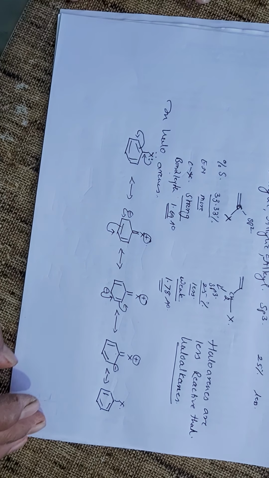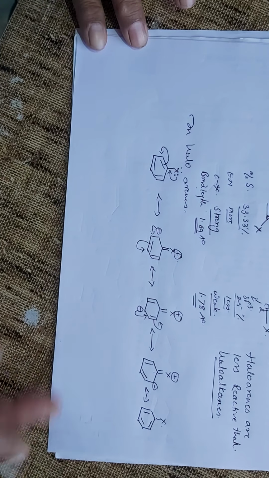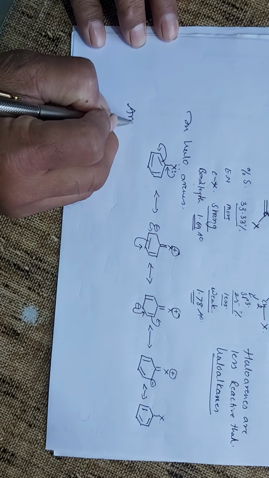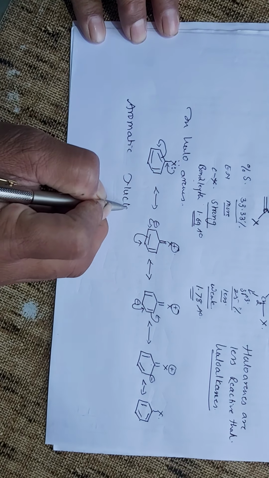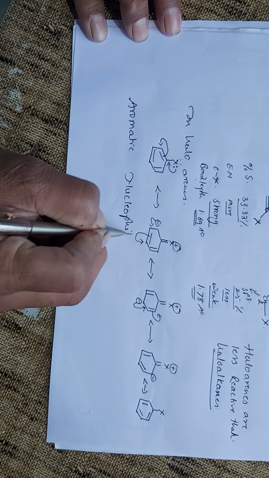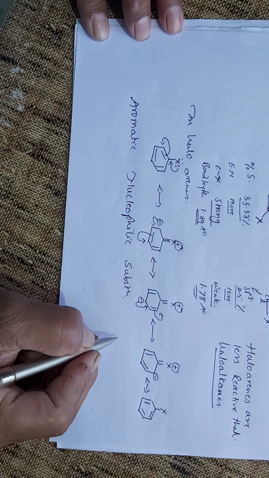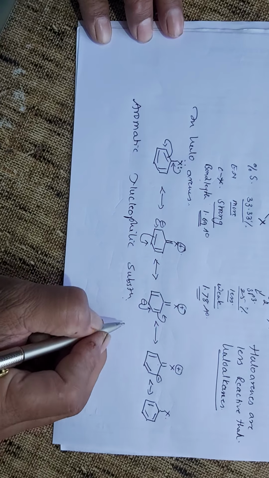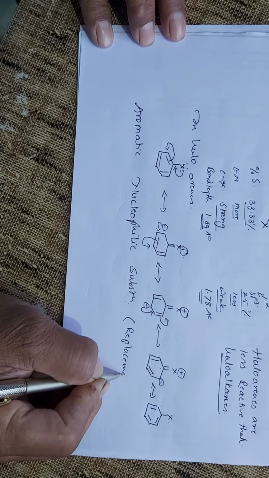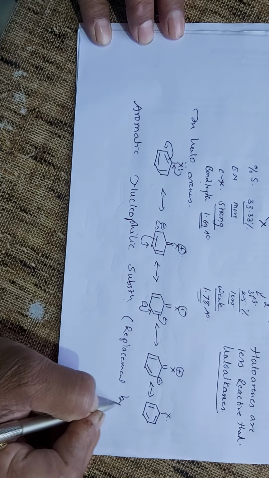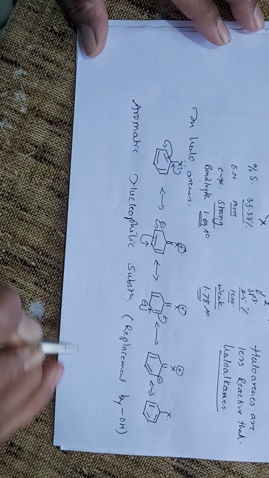So now we will discuss the aromatic nucleophilic substitution. Aromatic nucleophilic substitution reactions are the replacement of the halogen by OH groups.